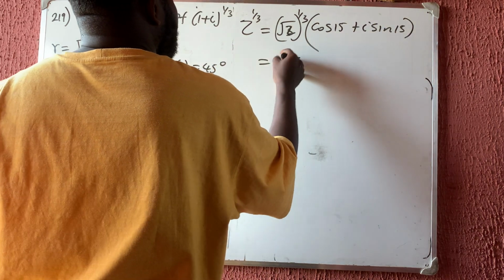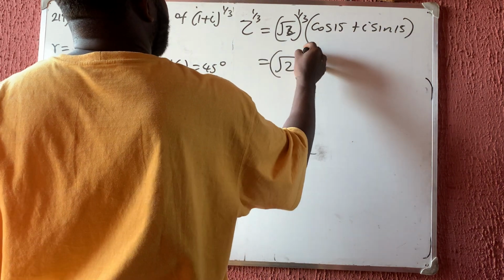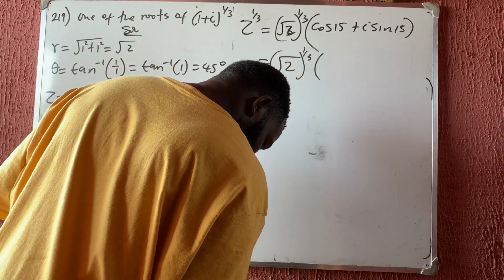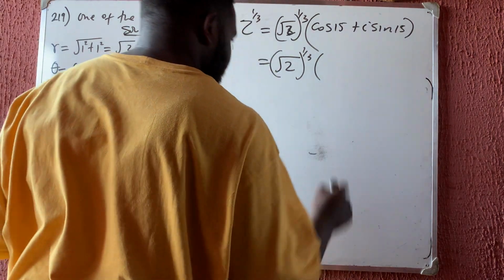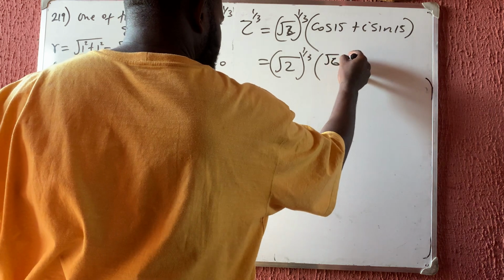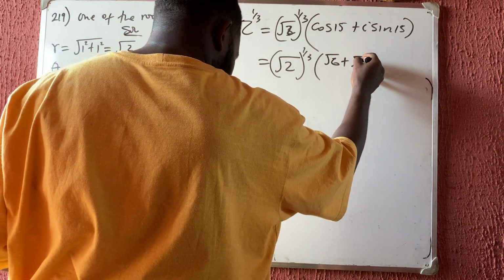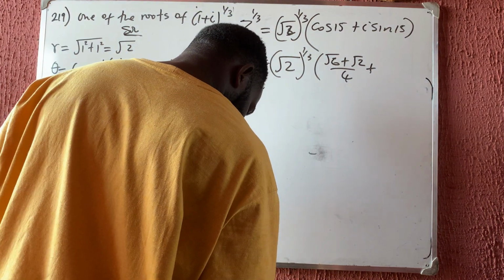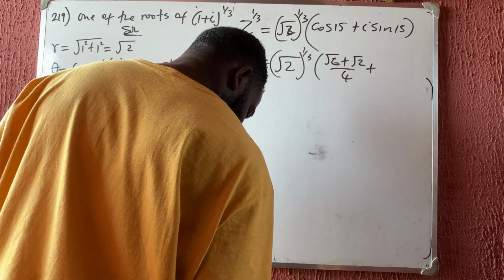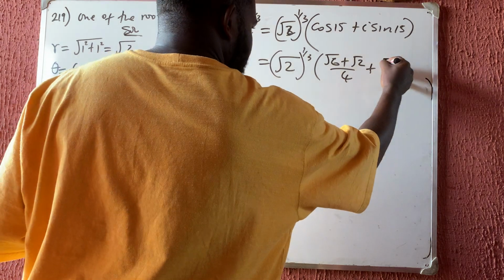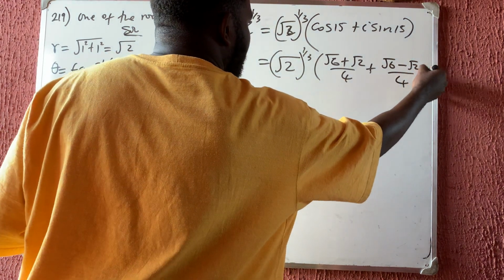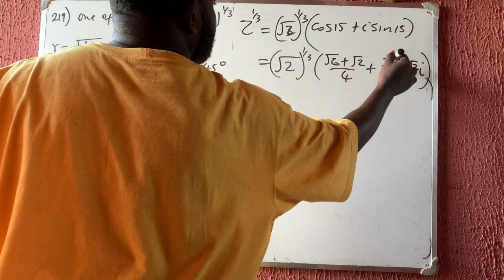Cos 15 is root 6 plus root 2 over 4, plus the same sine 15, we have root 6 minus root 2 over 4i. So that is that.